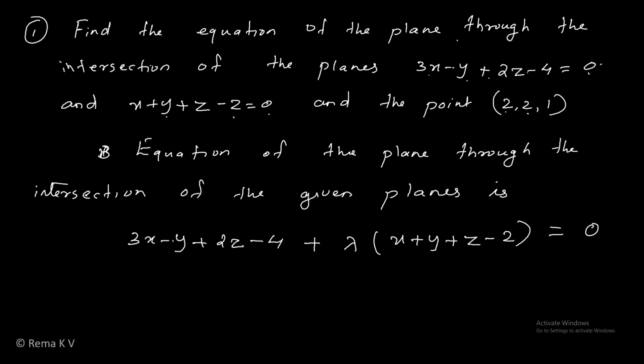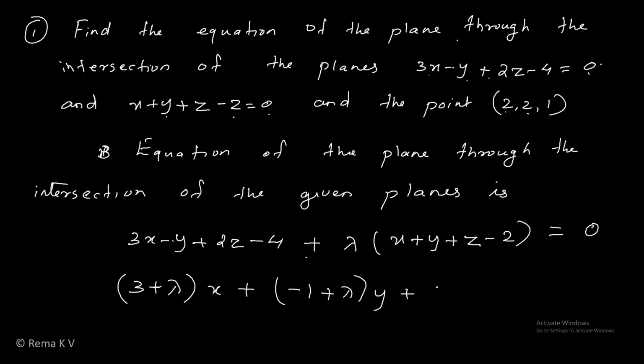Okay, let us regroup the like terms here. Consider the terms containing x. It is 3x plus lambda x. So we can write this as 3 plus lambda x. Then grouping the terms containing y, this is minus 1 plus lambda y, then grouping the terms containing z, it is 2z plus lambda z.